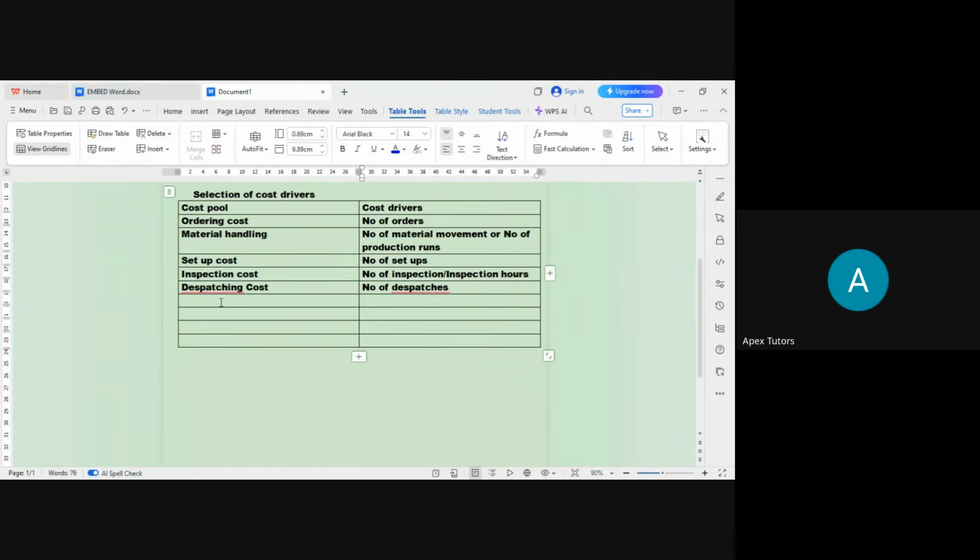Now, to solve questions on activity-based costing, there are three steps I would like to highlight.